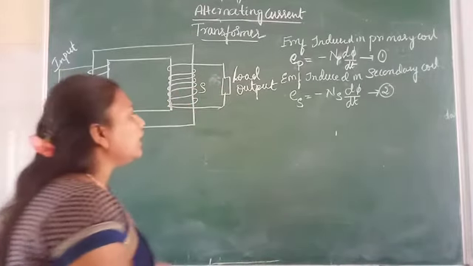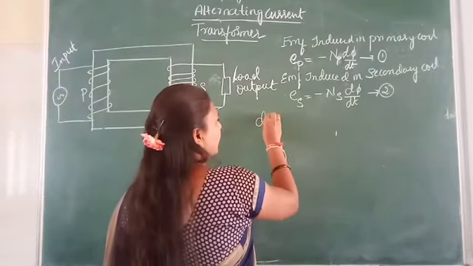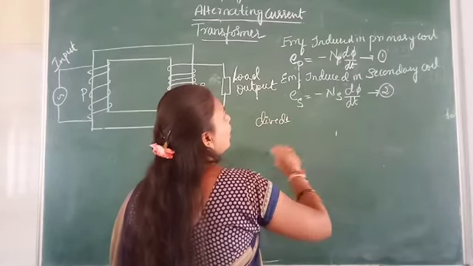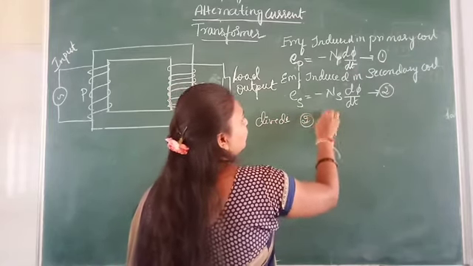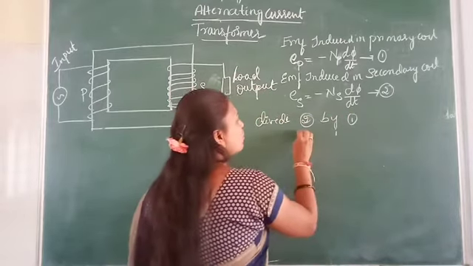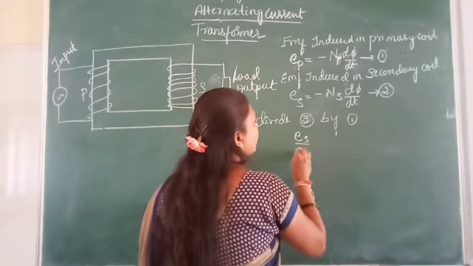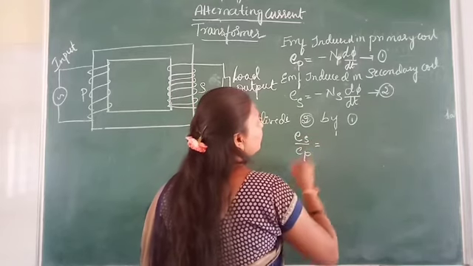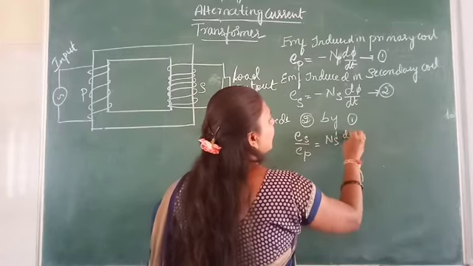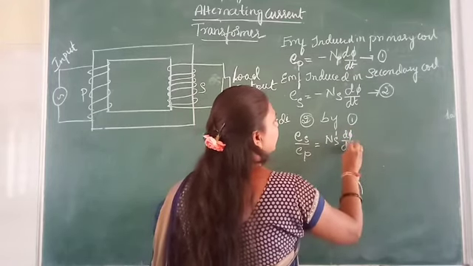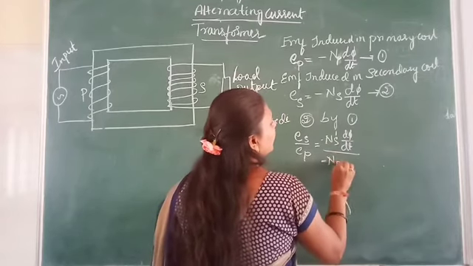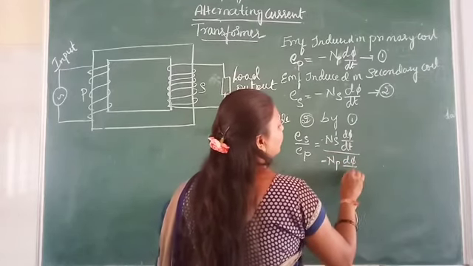Then divide 2 by 1. So ES by EP is equal to NS d phi by dt divided by NP d phi by dt.